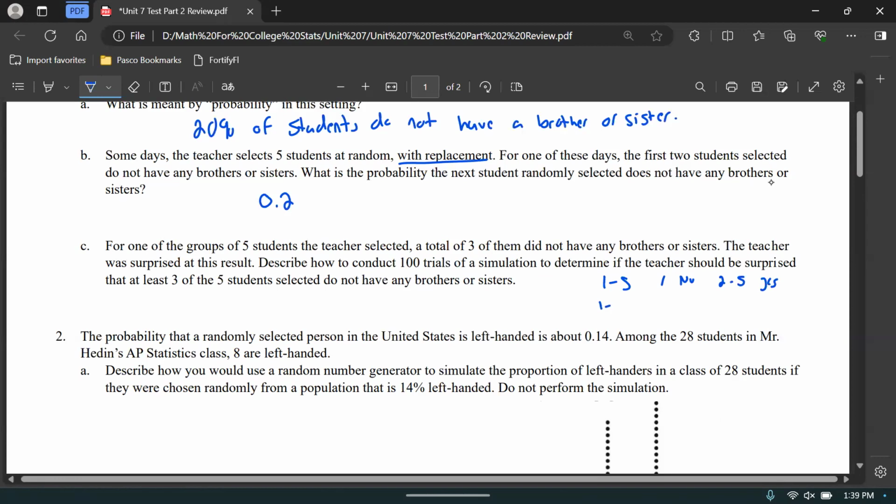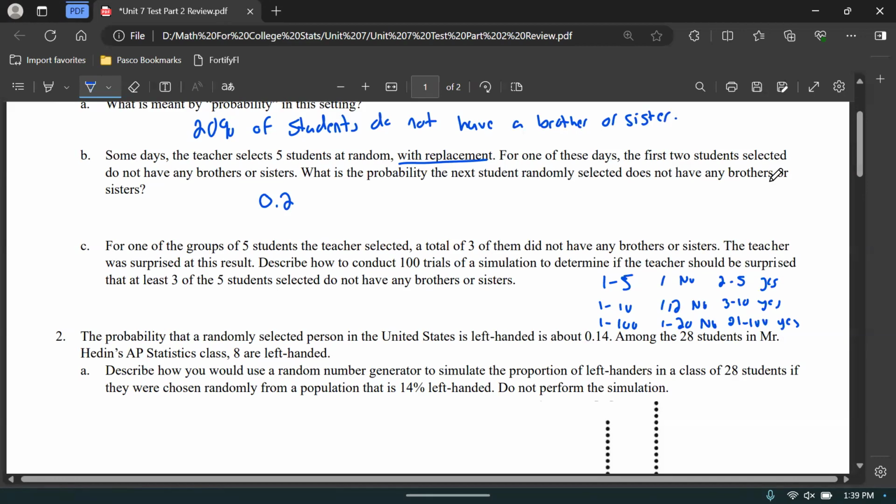You could use 1 through 10, where 1 and 2 represent no sibling, and 3 through 10 represent yes. You could use 1 through 100, where 1 through 20 represent no sibling, and 21 through 100 represent yes, a sibling. So any of these would count because it's all 20% to 80%.